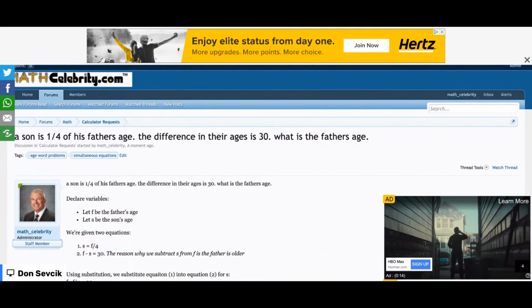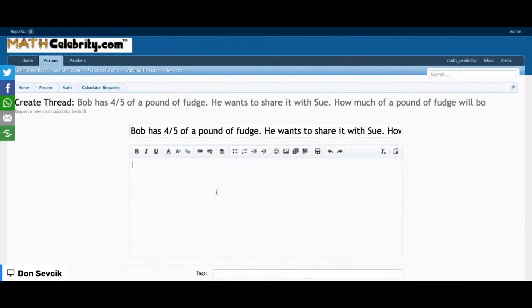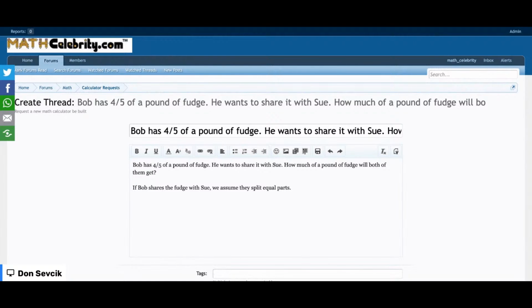All right. Here is a quick fractions problem. Bob has 4/5 of a pound of fudge. He wants to share it with Sue. How much of a pound of fudge will both of them get? If Bob shares the fudge with Sue, we assume they split equal parts.